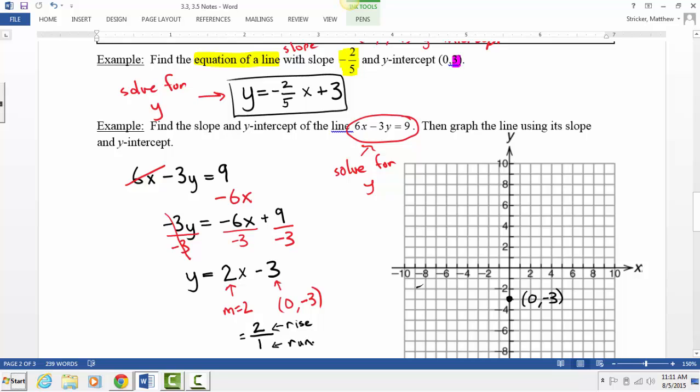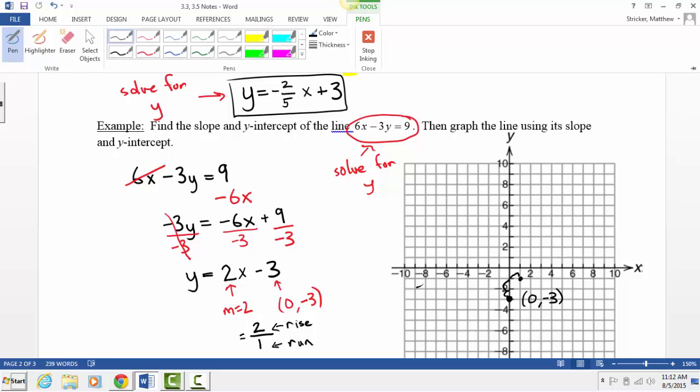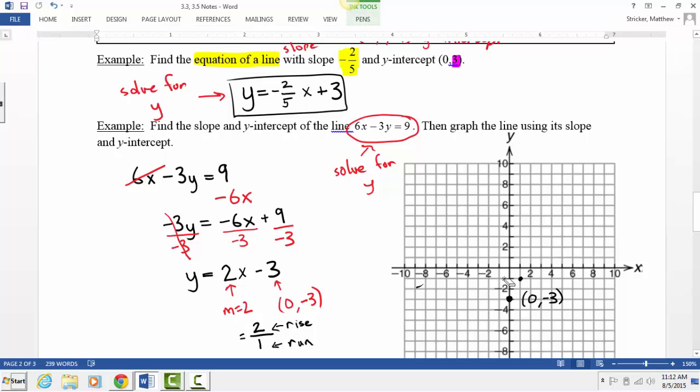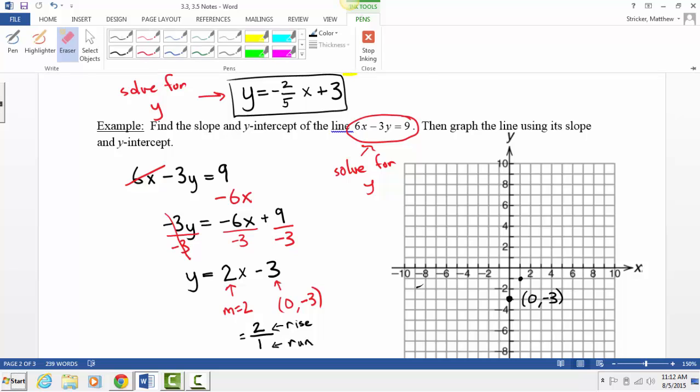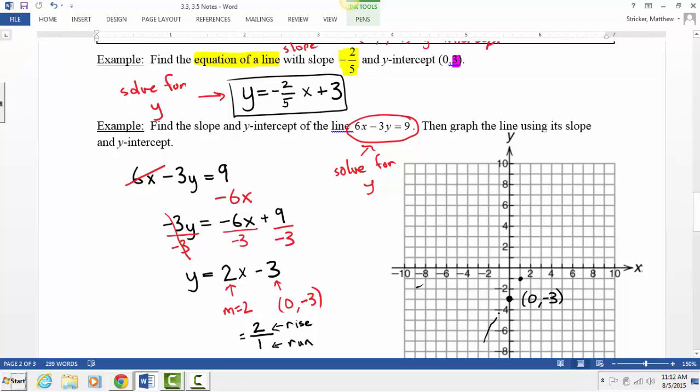So to graph that, we're going to start at this first point and we're going to rise 2 units and then run 1 unit. So once you've done that, then you can go ahead and draw a line through those points. You should also label that second point. That is the point 1 in the x direction and -1 in the y direction. And there you have it.